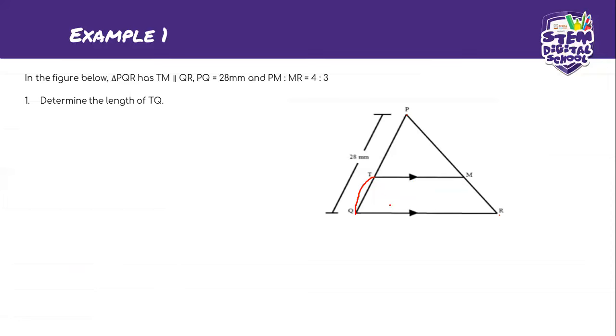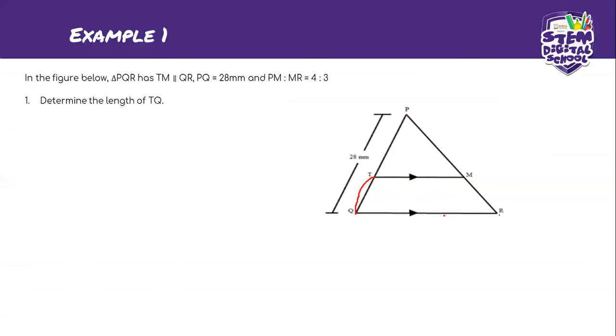Now, since we have realized that we've got a triangle, and in that triangle we have one side which is parallel to one side of the triangle. That line is TM, a line parallel to one side of the triangle.